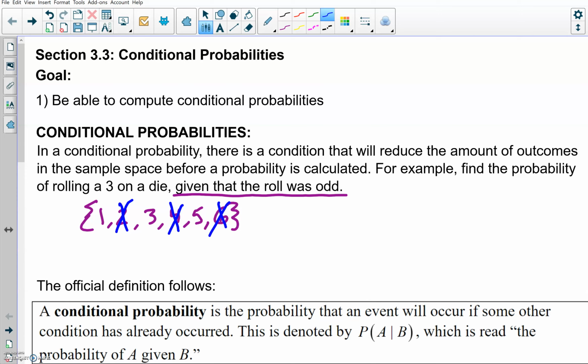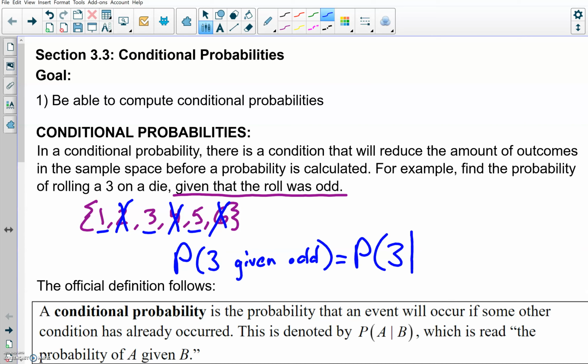So now we are looking at a reduced sample space, 1, 3, and 5, and the probability of a 3 given odd can be written as, with the notation, probability of 3, they use a vertical bar for the word given, and then odd would just be 1/3, because there's 1 3 out of the 3 numbers that are odd.